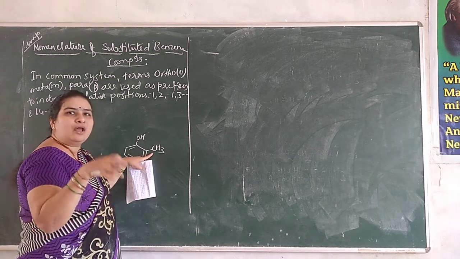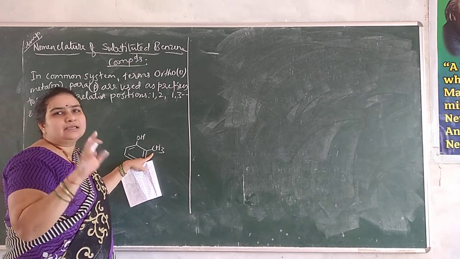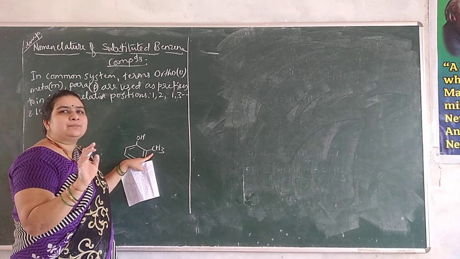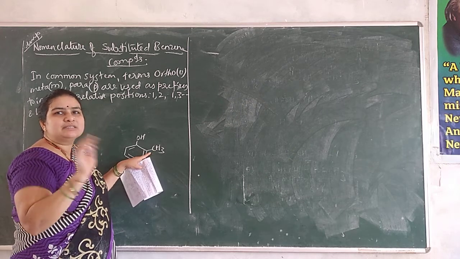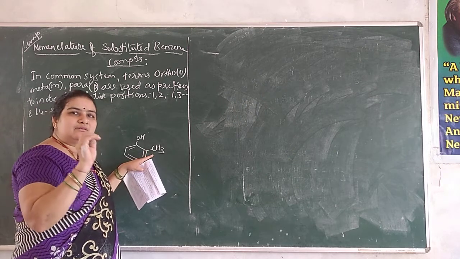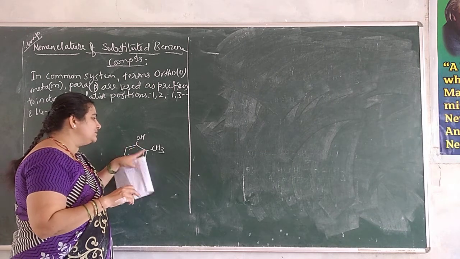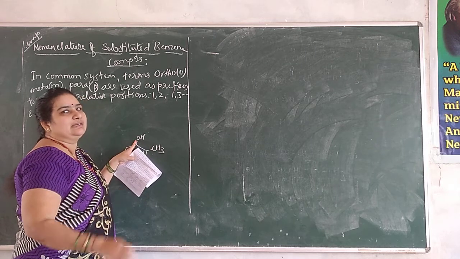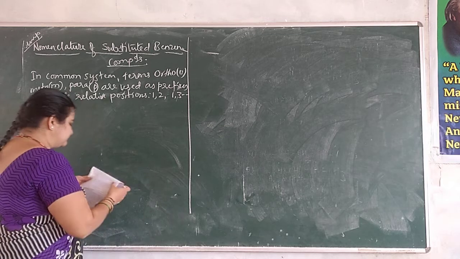If you number the carbon chain as per the alphabetical order and lowest sum rule, you have to number it in such a way that the minimum numbers are assigned to the substituents. For that rule, if 1,2, then it is 2-methyl phenol. So we can use both notations here.